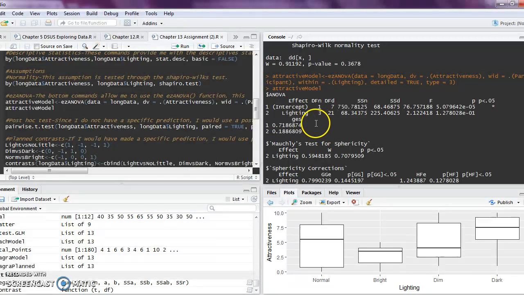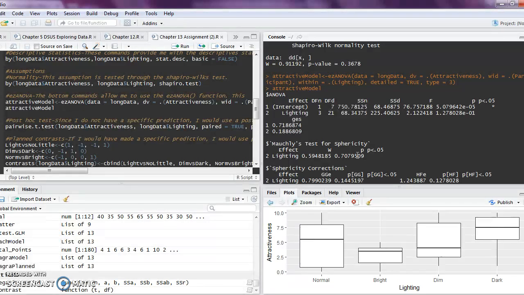So really quickly, the assumption that I mentioned I was going to look at is sphericity, and just to go back over what sphericity is. In the previous video I talked about it, but I'm going to talk about it here again. Sphericity is a less restrictive form of compound symmetry.